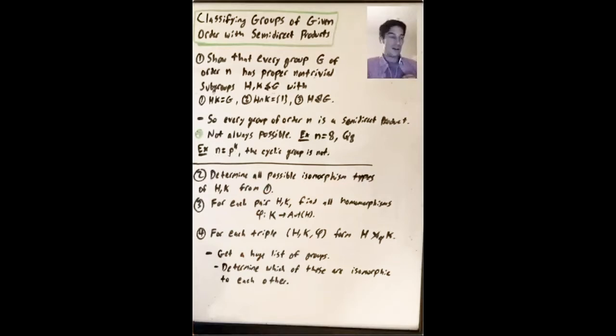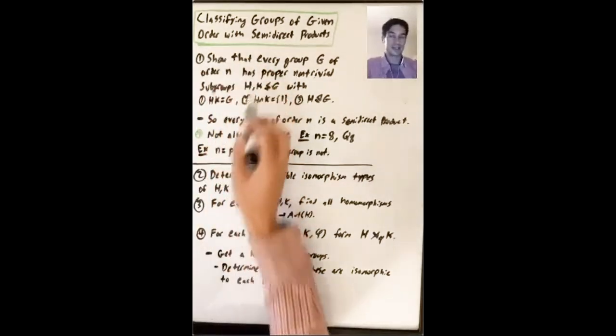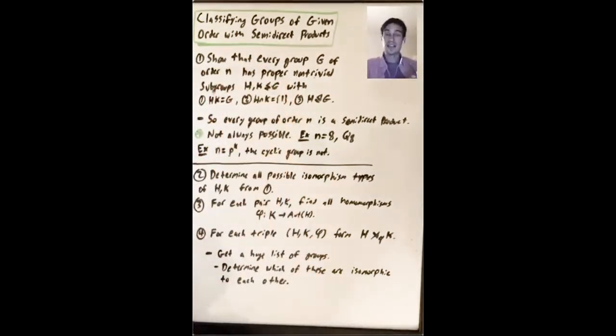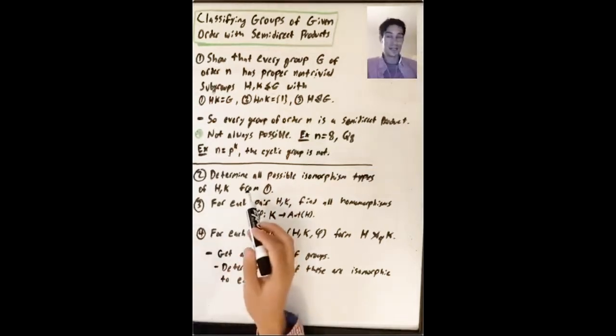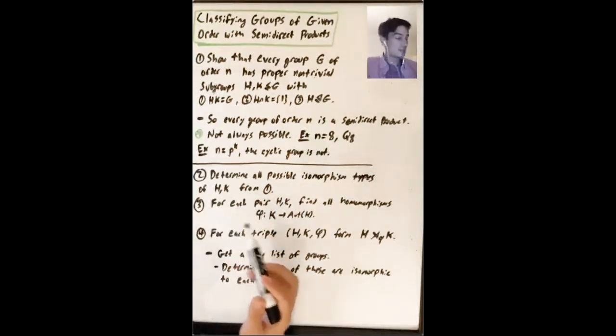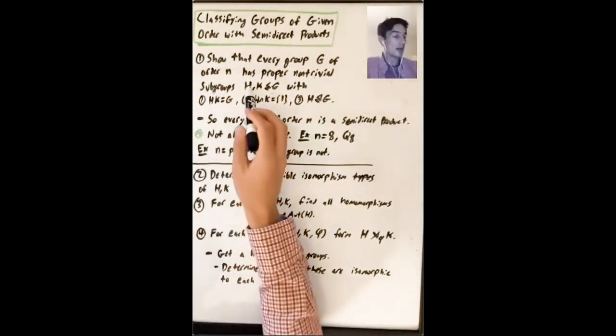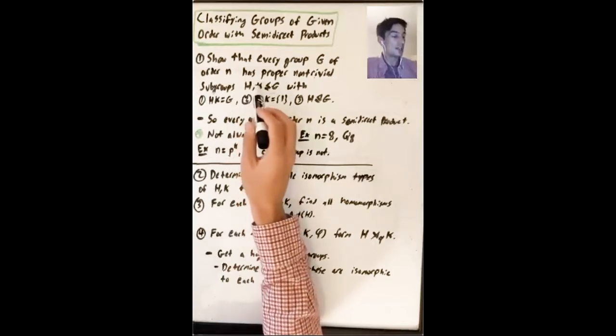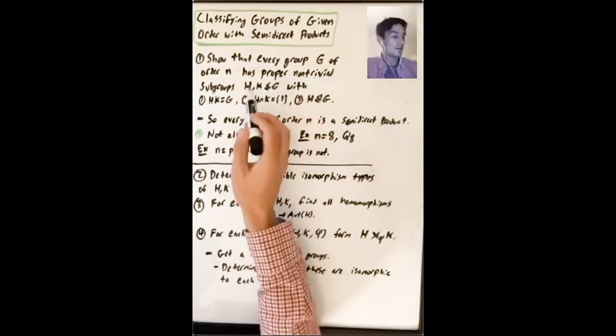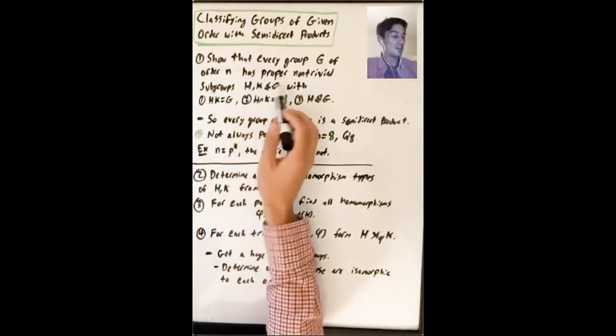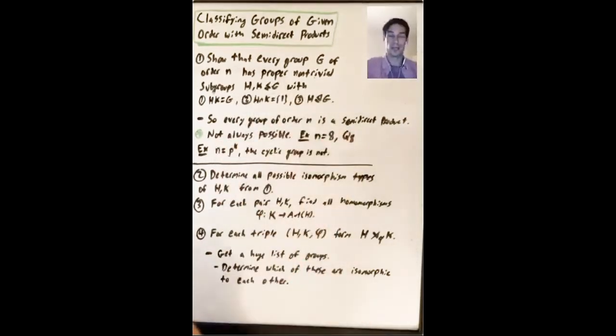All right, so if we can show a statement like this, that every group of order n is isomorphic to a semidirect product of two smaller groups, the next step in classifying is to determine all possible isomorphism types of H and K if you have two subgroups H and K of G that satisfy these three properties.